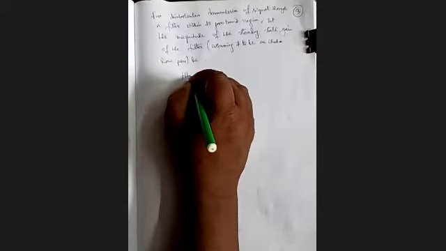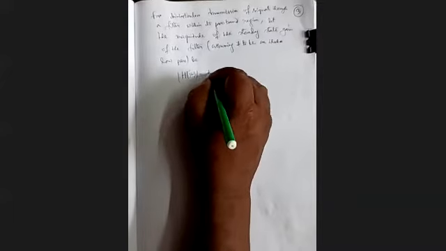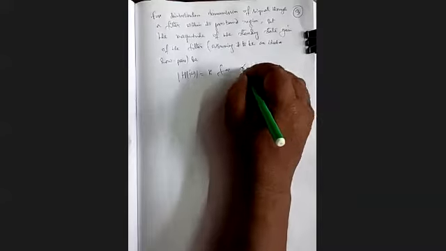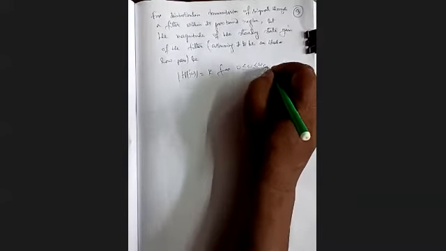It is mod of H omega equal to K for omega in the range of 0 and omega c.